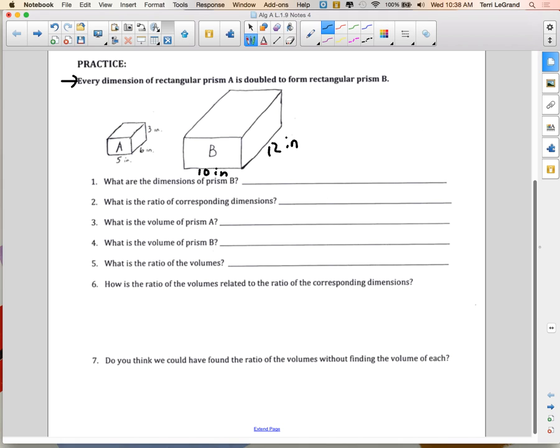And the height of our prism is going to go from 3 to 6. So what are the dimensions of prism B? They are 10 by 12 by 6.